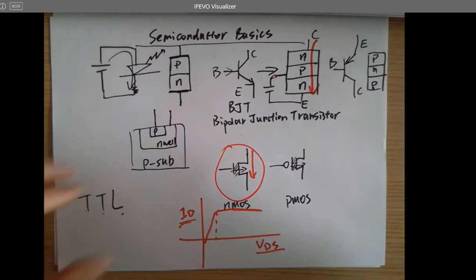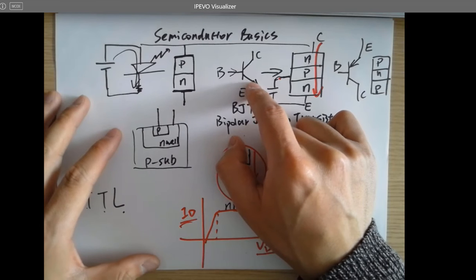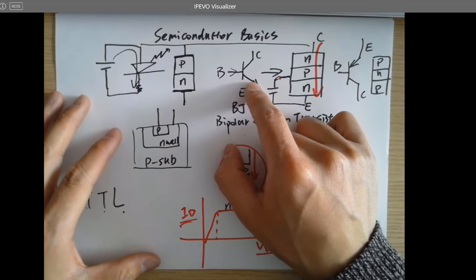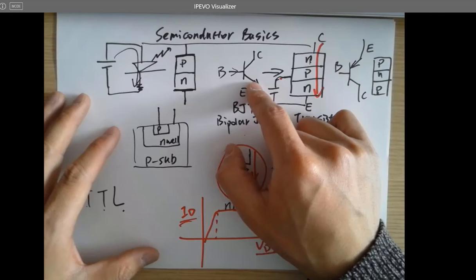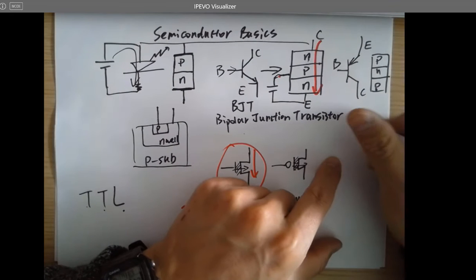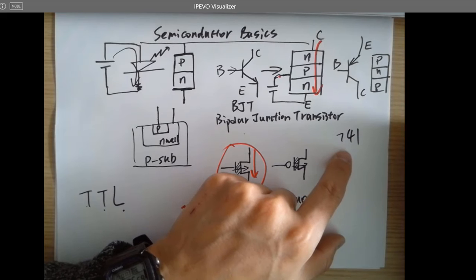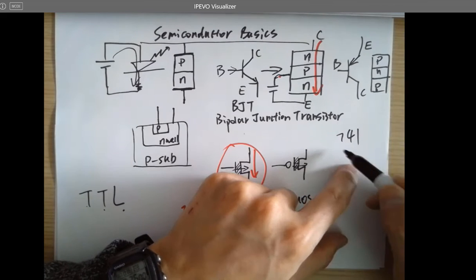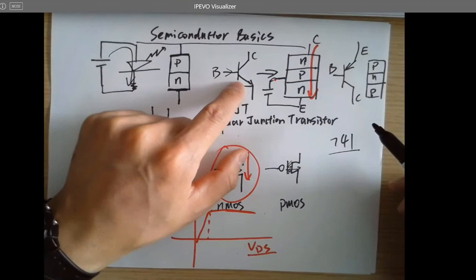Okay. Just a really quick overview of all the devices we're going to use and that are used in modern electronics. But these guys are still being used in some devices which are not really power sensitive. You don't care about the power really much. For example, what's the name of the op-amp? 741. Remember that? It's from TI, and that kind of op-amp is totally built by BJTs.